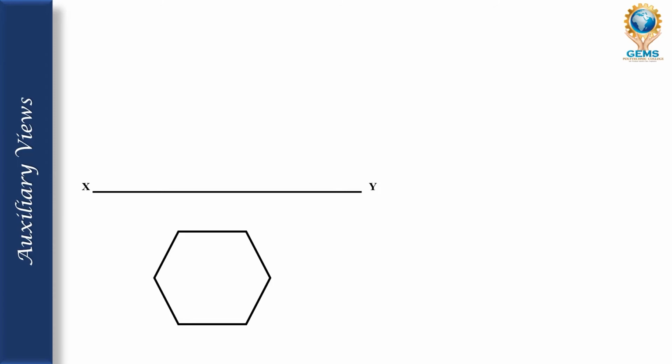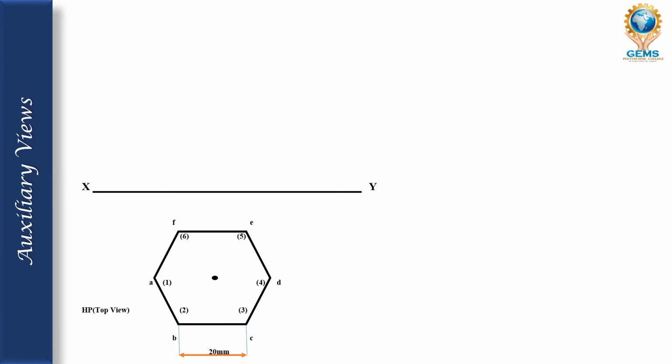By keeping each and every side 20 mm, draw a hexagonal and mark the center point of the hexagonal. Mention each and every side's edges: outside must be A, B, C, D, E, F, and inside 1, 2, 3, 4, 5, 6. And the base must be 20 mm. This is called the top view of the hexagonal prism.